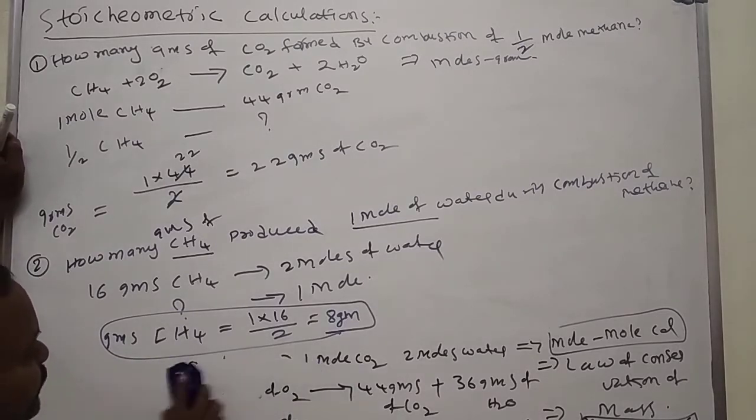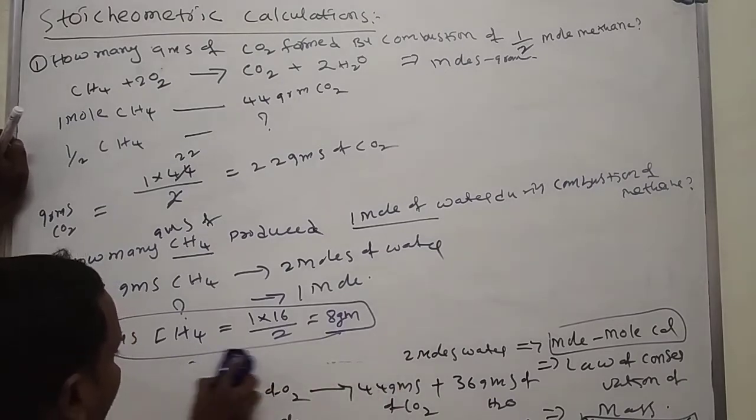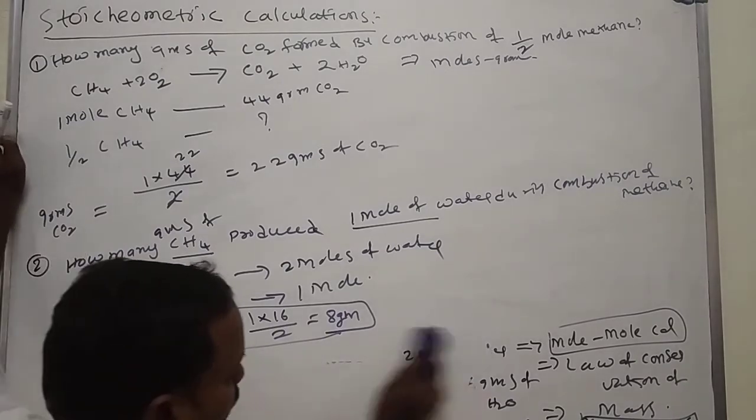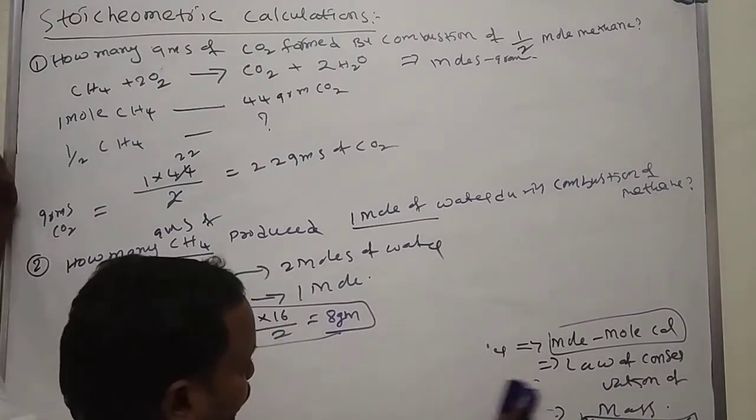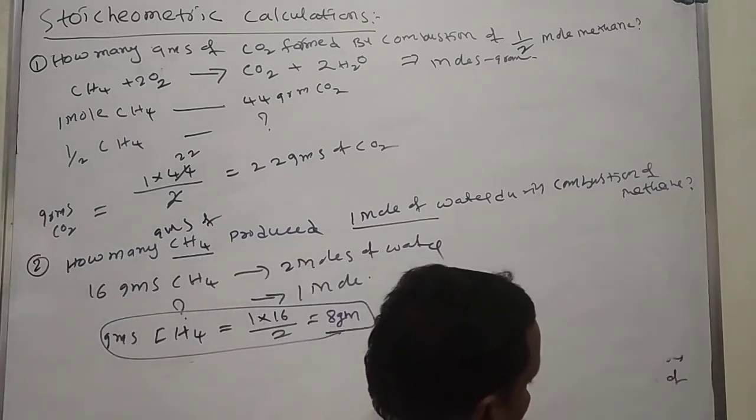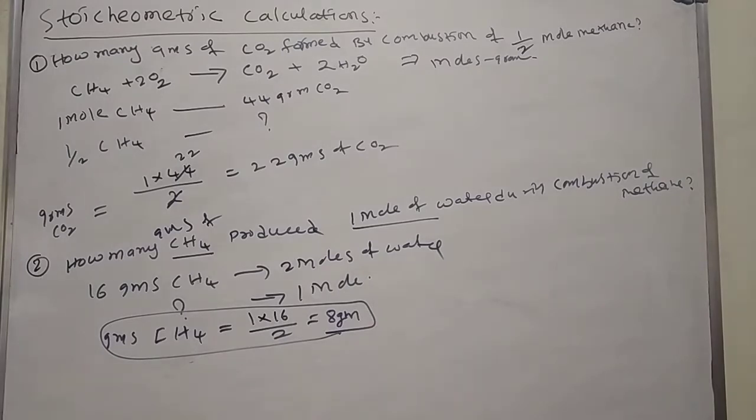Next, 16 grams of methane produces 1 mole of carbon dioxide, that means 22.7 liters.